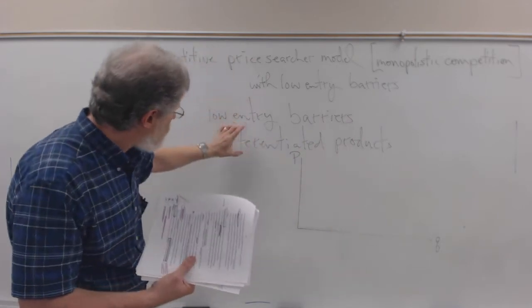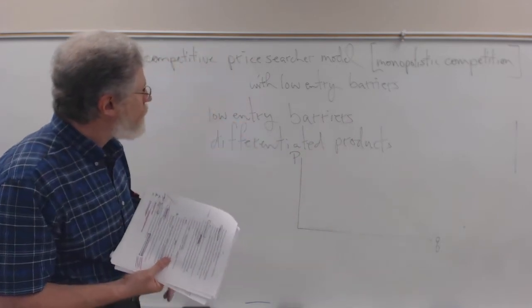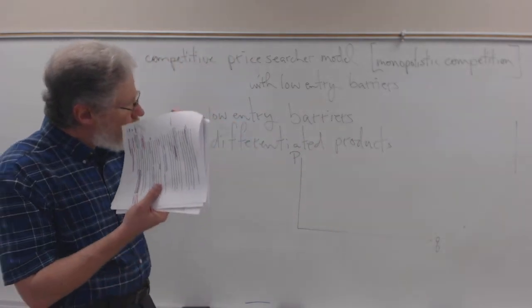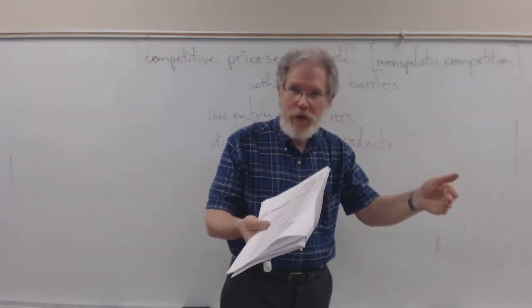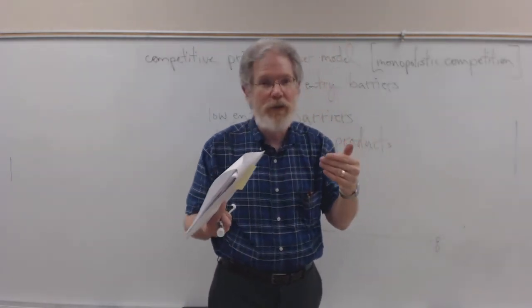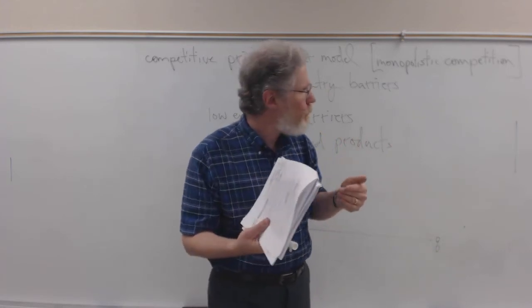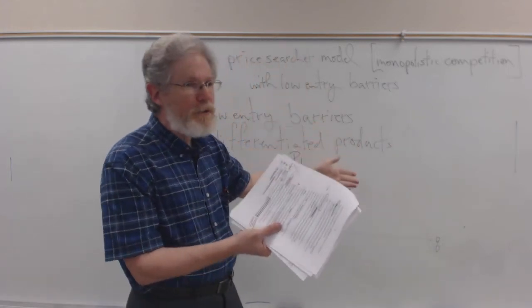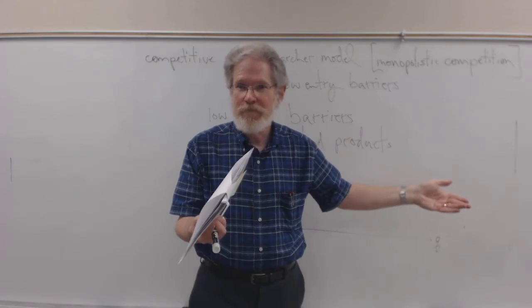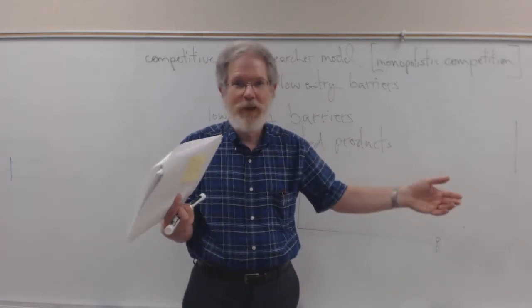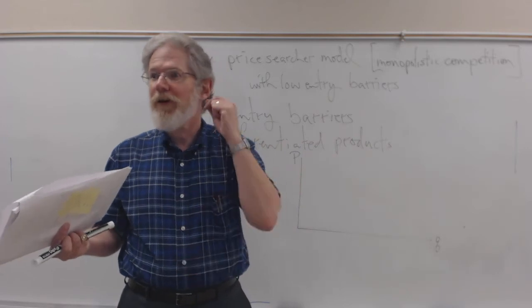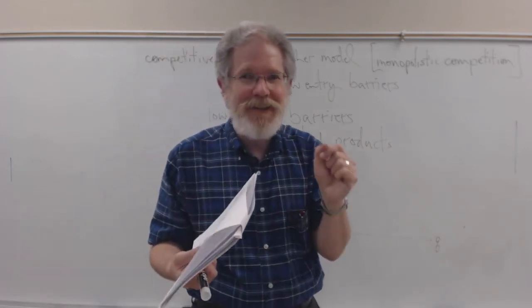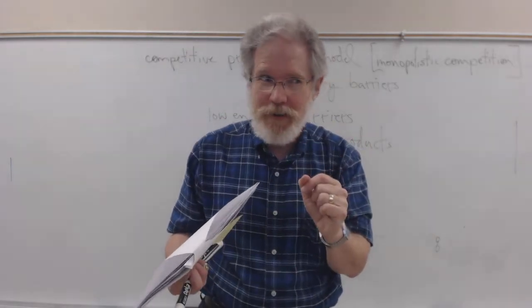Okay? Because these products are differentiated, that means that there are good substitutes for each product, but there aren't perfect substitutes. Are there substitutes for eating at Burger King? Yeah, you can eat at Wendy's, McDonald's, you've got a lot of substitutes, but they're not exactly the same product, okay?